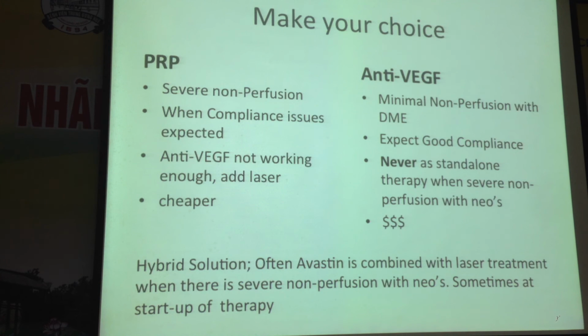So it's the best of both worlds. When we choose what direction to go, laser or anti-VEGF, it depends also on the perfusion. If there's severe non-perfusion, I prefer to add laser to the mix and not do just anti-VEGF monotherapy.